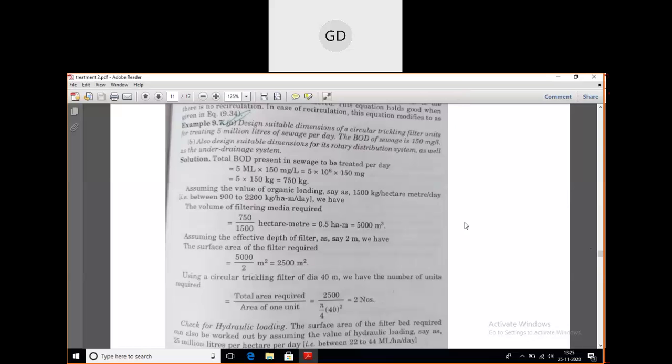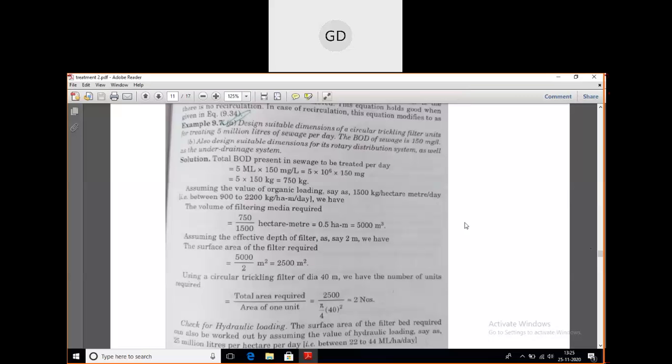First, since it is given that 5 million liters of sewage is treated per day and the BOD of the sewage is 150 milligram per liter, you find out the total BOD present in the sewage to be treated per day.